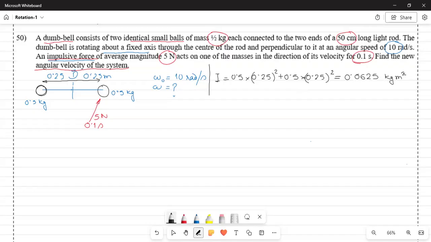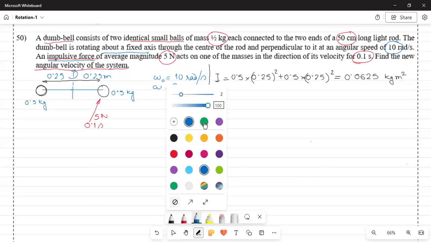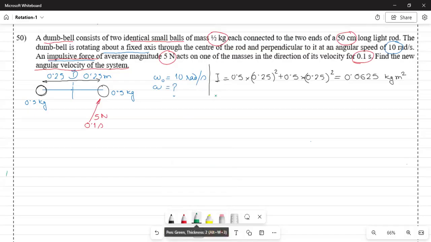Now, what is angular impulse? What is the measurement of impulse? You should remember this, although you do not very often face these problems. In linear motion, impulse is force multiplied by del t.